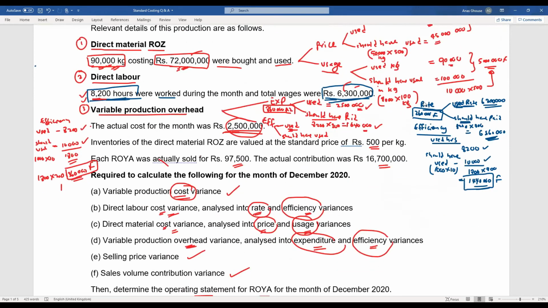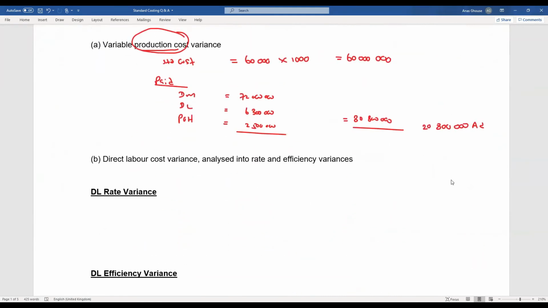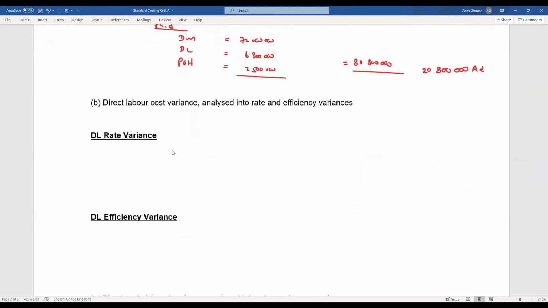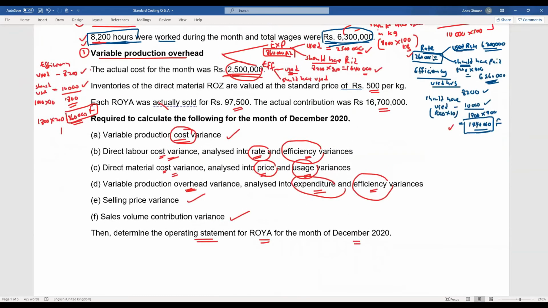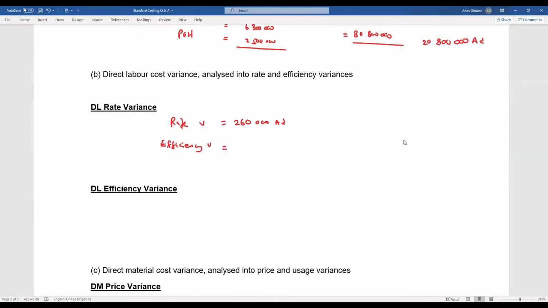The direct labor rate variance we calculated as 260, and the efficiency variance as 1,440,000.